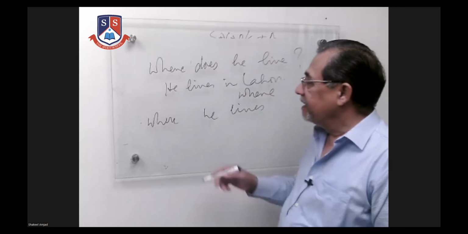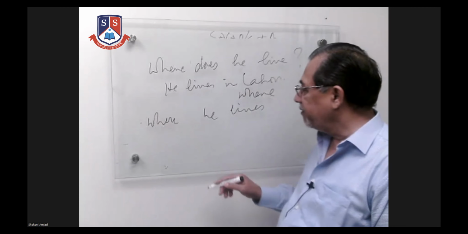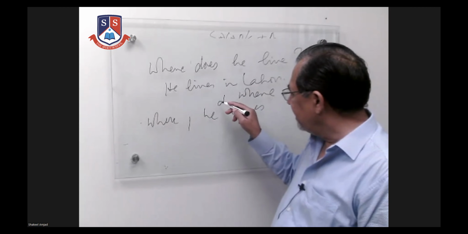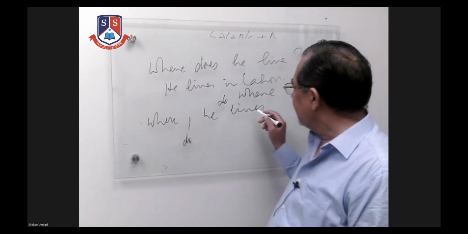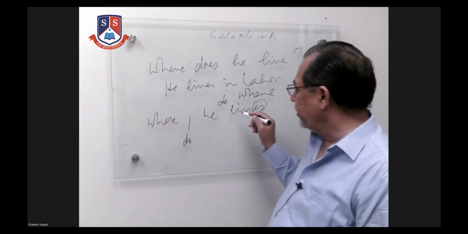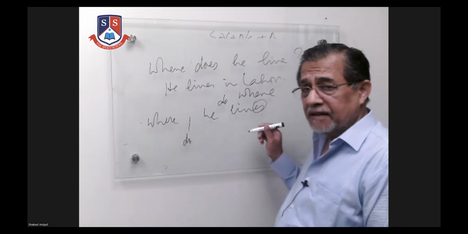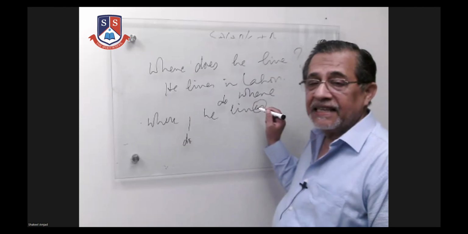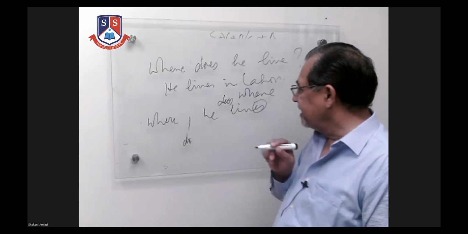Again, it's making a question. So what you have to do is bring "do." When this "do" goes to the beginning, as you know, in present indefinite, the "do" is hidden inside the verb, right? When it is taken out of the verb, it adds its characteristics and becomes "does."